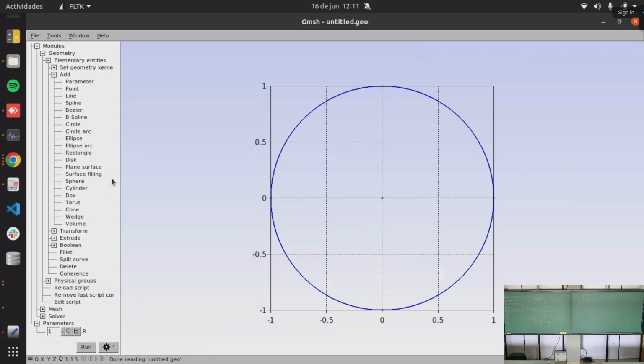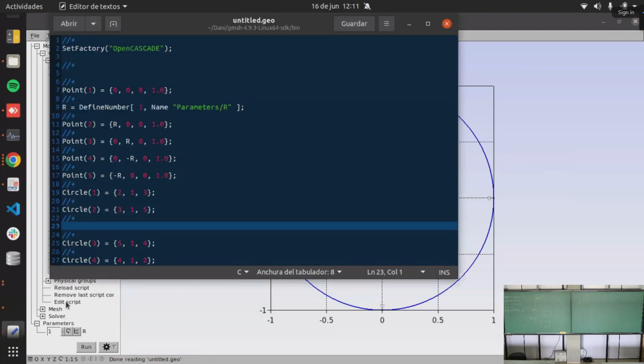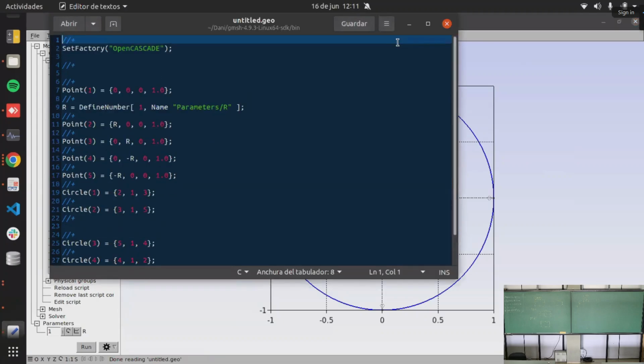All right, and after that we have to make a plane surface, choosing the boundary, and maybe I would like to change the refinement over a point. So the only thing that I have to change is this number.